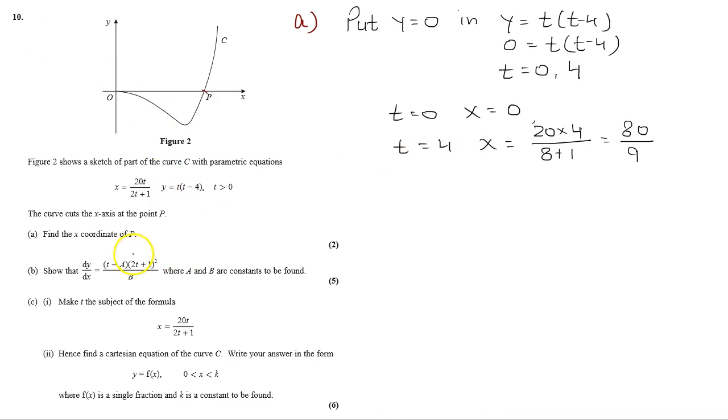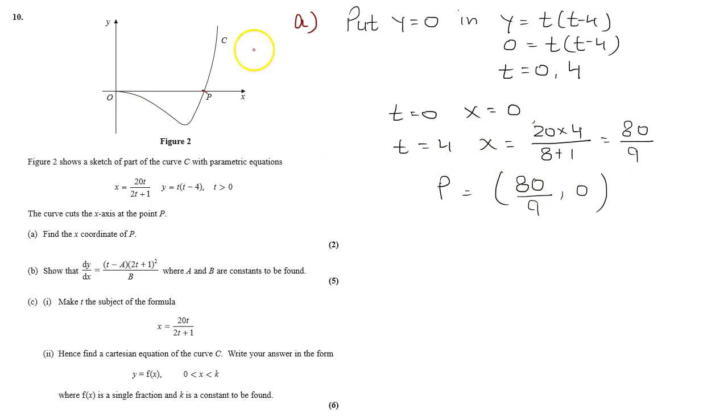So the coordinates of P will be 80 over 9 and 0. These are the coordinates of P.